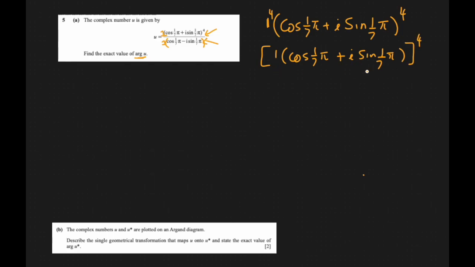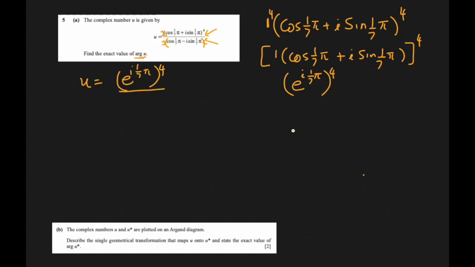And this can be written in exponential form as 1, because 1 is the modulus. If I write it or don't write it, doesn't make any difference. And this will be i 1 over 7 pi. This is the exponential form, and since it is power 4, I will write power 4 also. So u becomes e to the power i 1 over 7 pi to the power 4 divided by, let's focus on the denominator now.